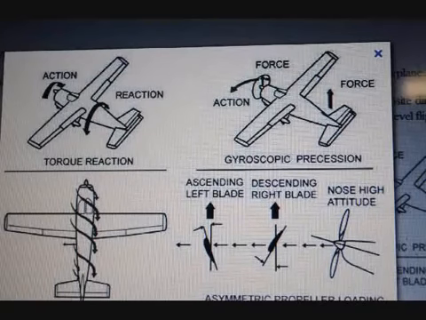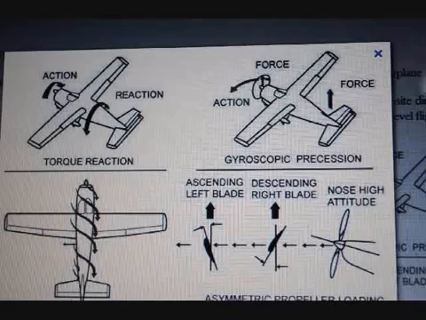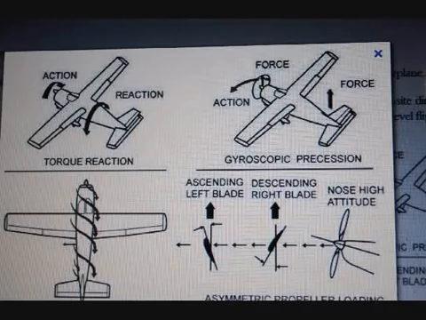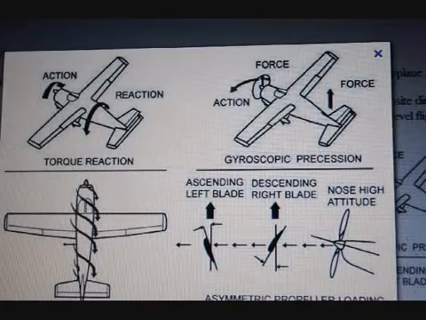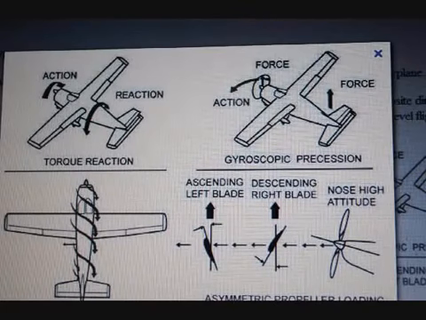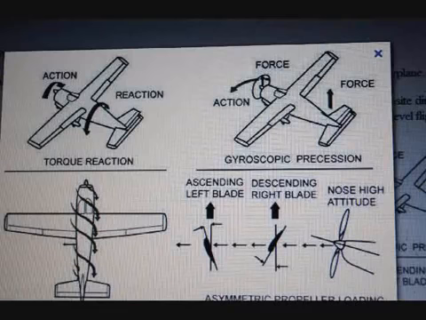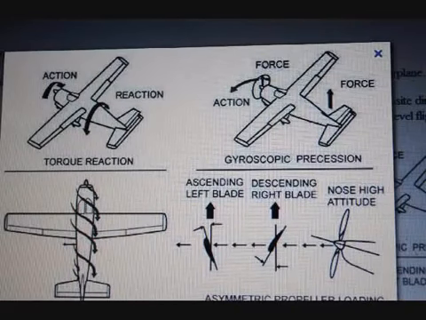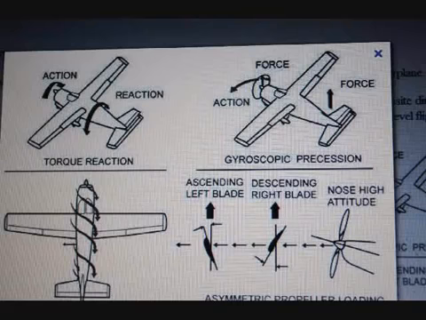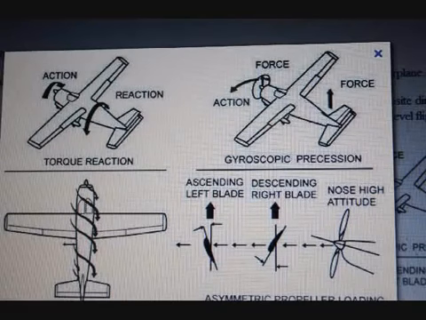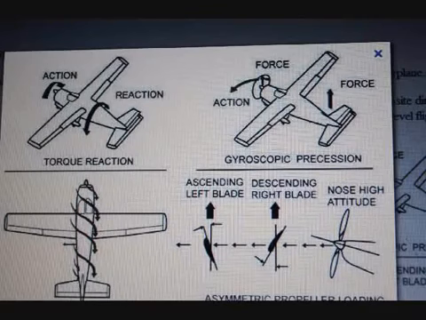You have the descending blade taking a larger chunk of air than the rising or ascending blade, on the left side of the prop. So you get a little bit more thrust coming off the right side of the propeller than you do the left side. And that P-factor causes a left turning tendency.